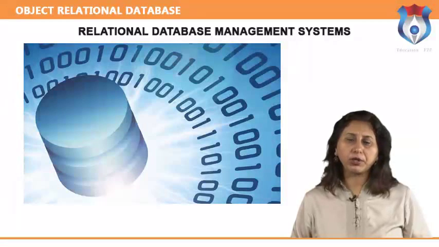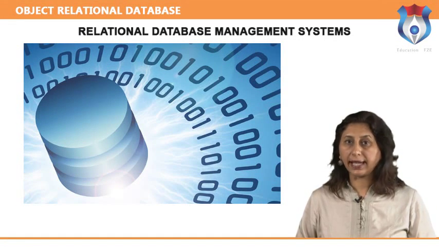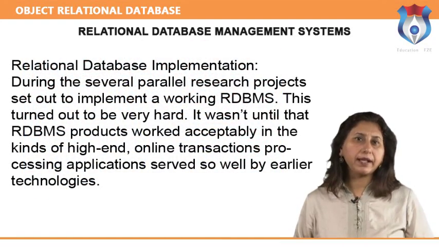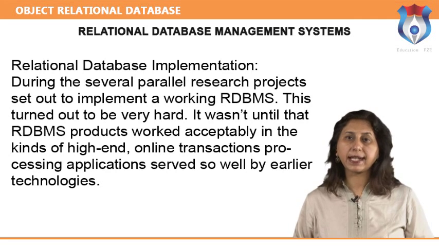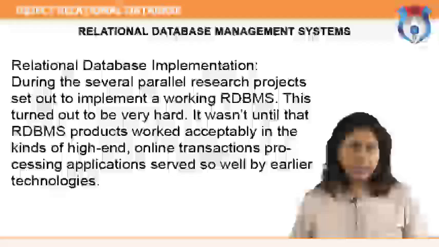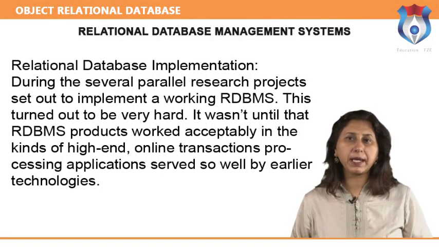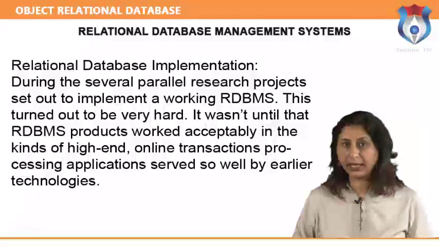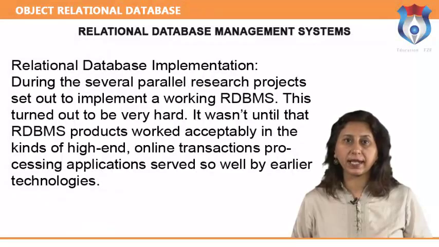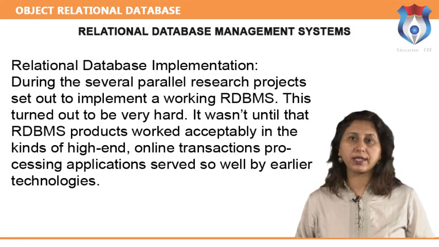The relational model also describes a number of logical operations that could be performed over the data. Several parallel research projects set out to implement a working RDBMS, and this turned out to be very hard. It wasn't until later that RDBMS products worked acceptably in the kinds of high-end online transaction processing applications served so well by earlier technologies.